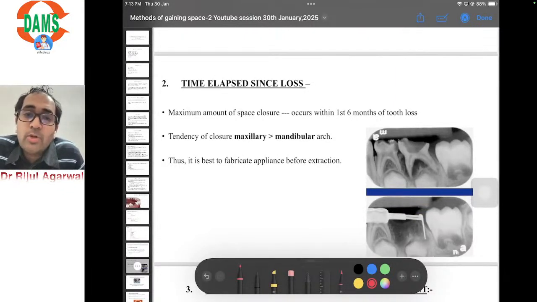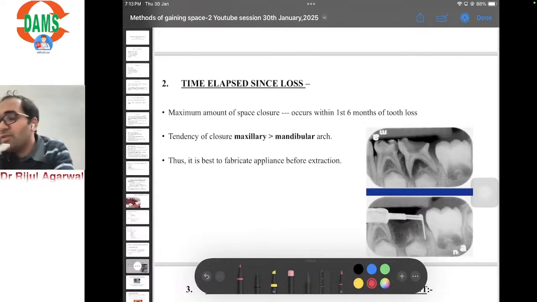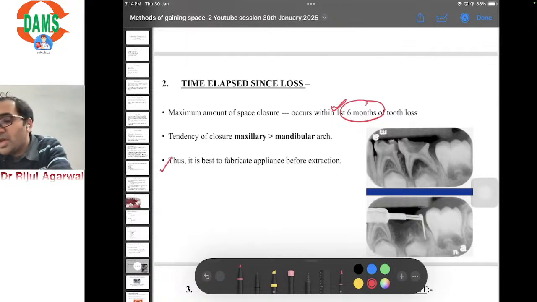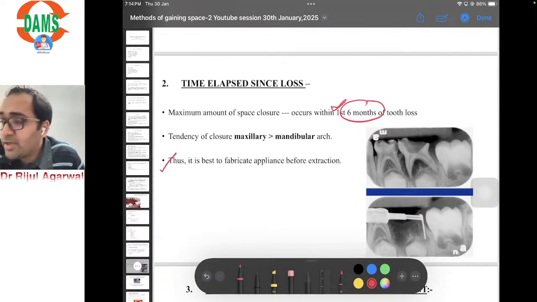So the maximum amount of space closure occurs within the first 6 months of tooth loss. Very important point. And the tendency of closure is more in the maxillary arch than the mandibular arch. Thus, for any appliance fabricated to maintain the space, it is best to fabricate it before extracting the teeth.